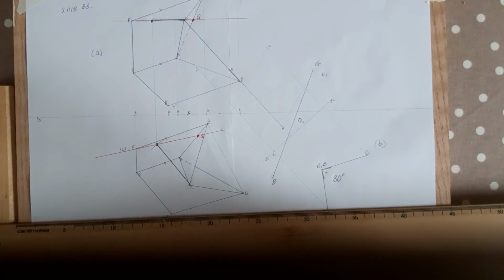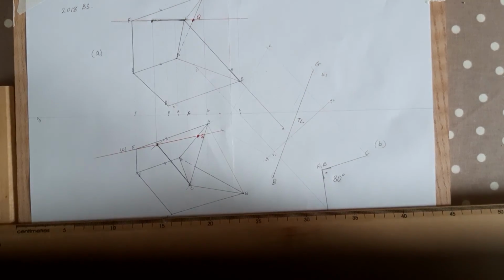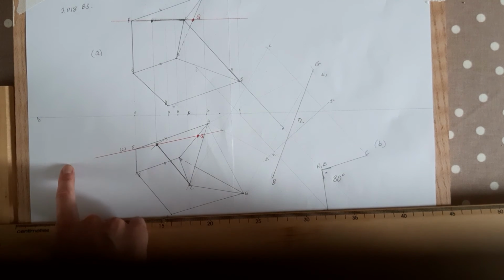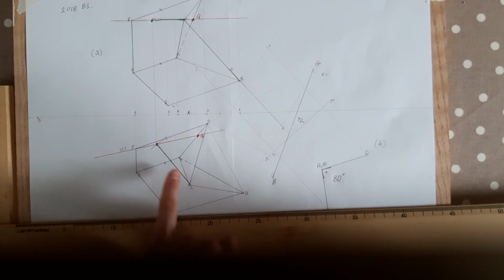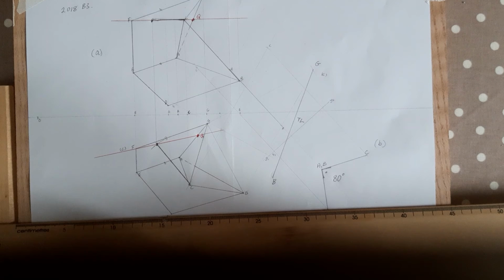So what I've done is I've created the horizontal line that's infinite in length in elevation. I replicated a similar horizontal line in plan, but because the horizontal line has to come from C and it has to be 55 millimetres long, this is one point that's in common, so that is the line. You are then asked to determine and indicate in degrees the true angle of this to the horizontal and vertical plane.